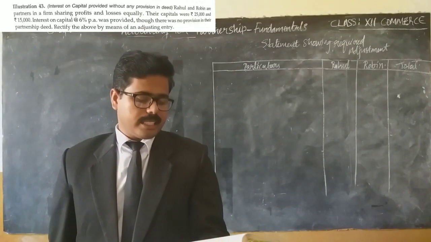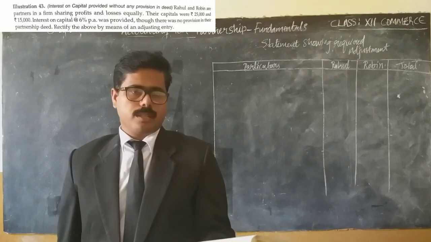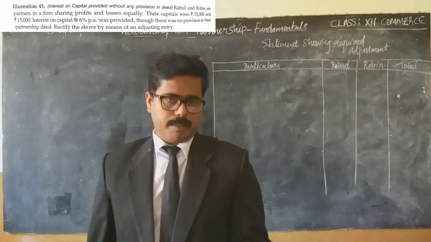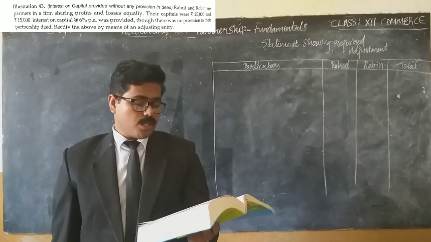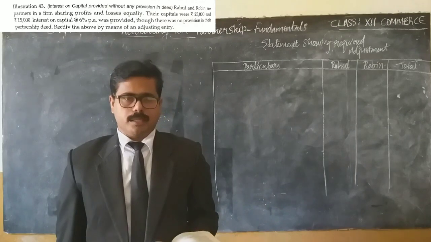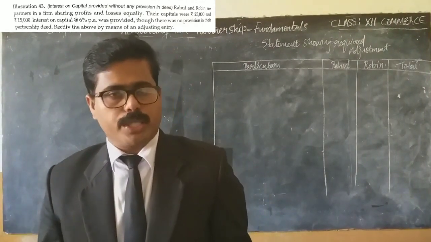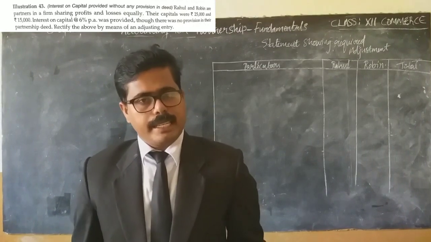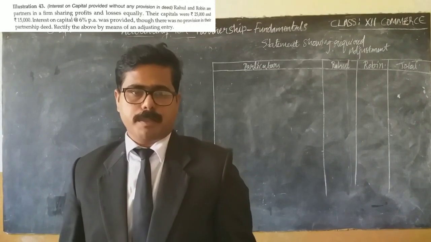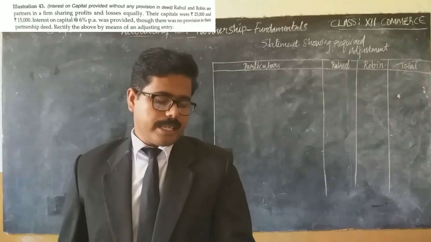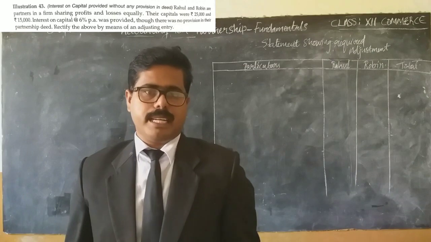Interest on capital at the rate of 6% per annum was provided, though there was no provision in their partnership deed. In the partnership deed interest on capital is not mentioned at all, but mistakenly they provided interest on capital at 6%. Rectify the above by means of an adjustment entry.